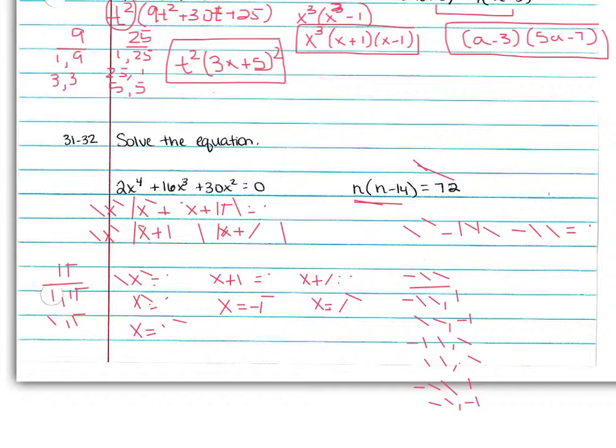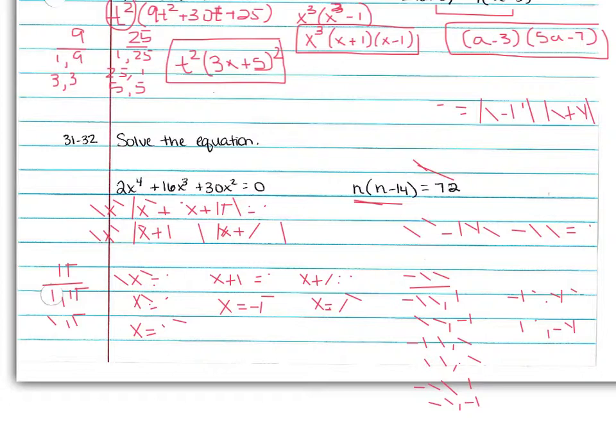If you do 72 divided by 4, that's 4 and 18, so that's probably going to give us our answer. We have a negative 18 and a 4, or an 18 and a negative 4. We're looking for the negative 14, and that one's going to give it to us. So our answer, when I factor it, is n minus 18 times n plus 4, and all of that equals 0.